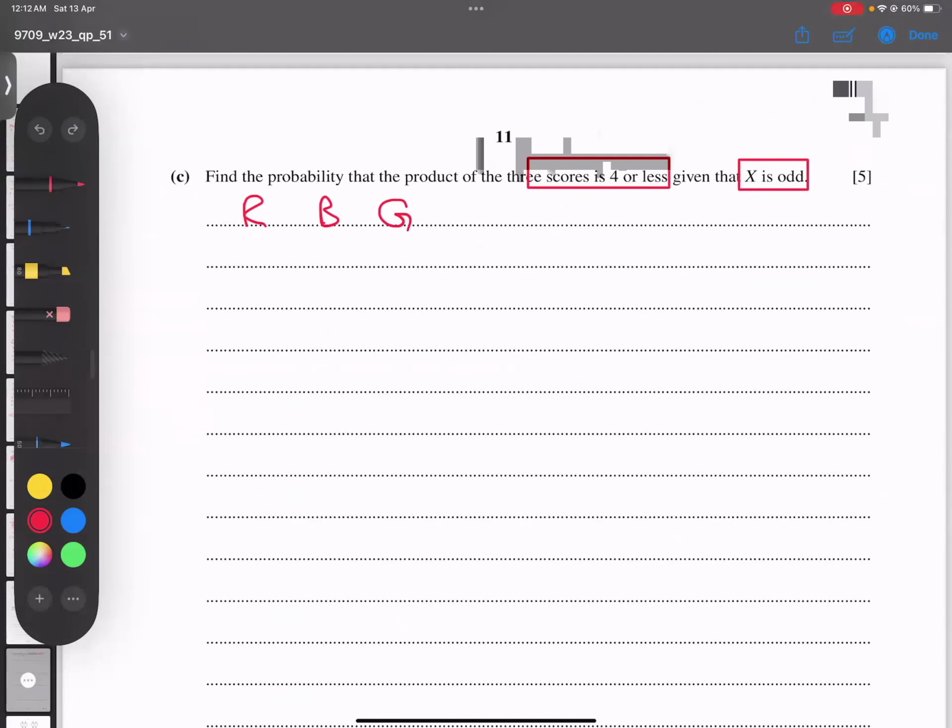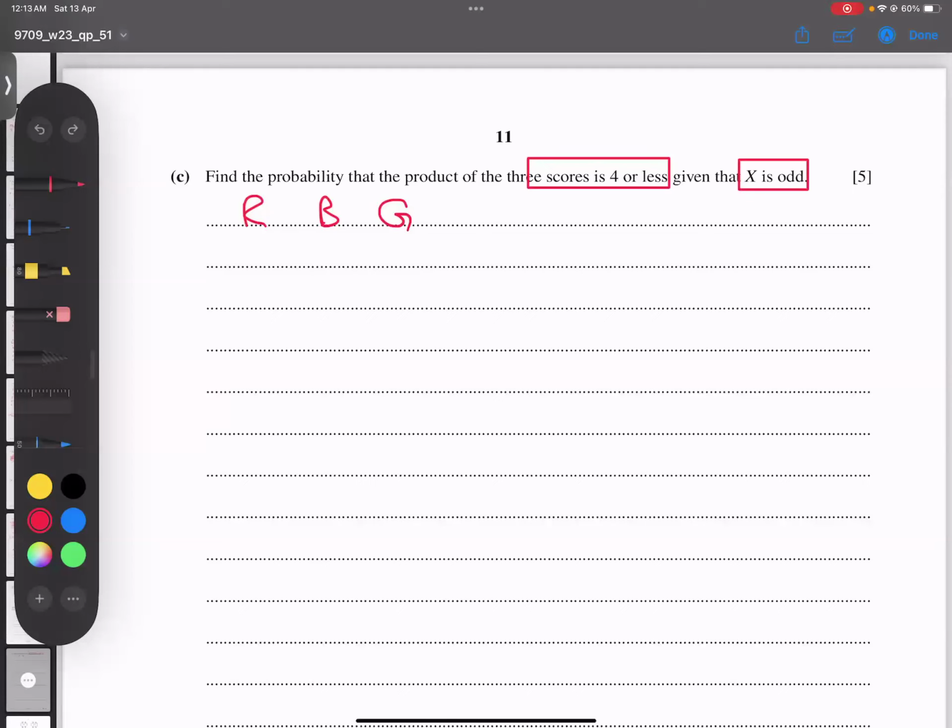And X is an odd number. So what is the technique? How to get it? The product of the scores is 4 or less, and X must be an odd number. So let's think about it.